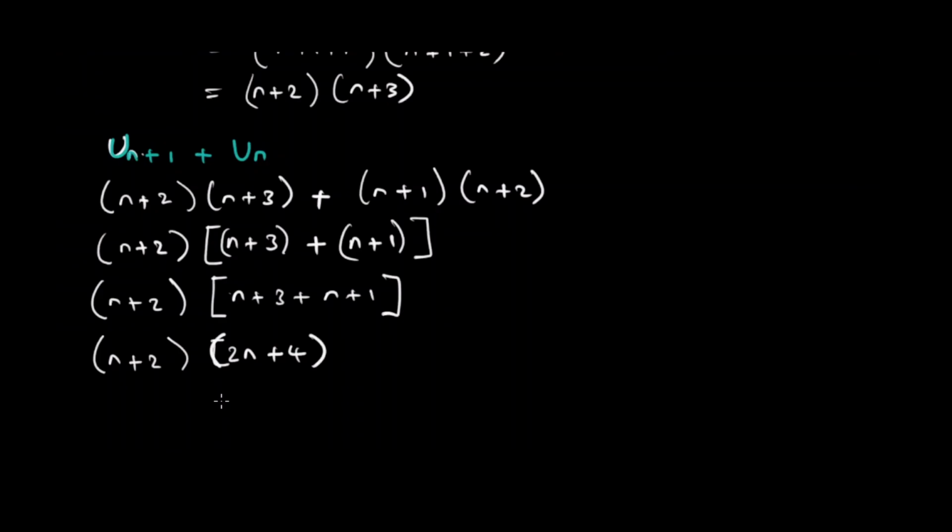We go back to the question again to see what it says. Express un plus 1 plus un in terms of n, simplifying your answer. So this is expressed in terms of n. If you expand this, strictly speaking your answer will not be correct, because if we expand, we get 2n squared plus 4n plus 4n plus 8, which is 2n squared plus 8n plus 8.